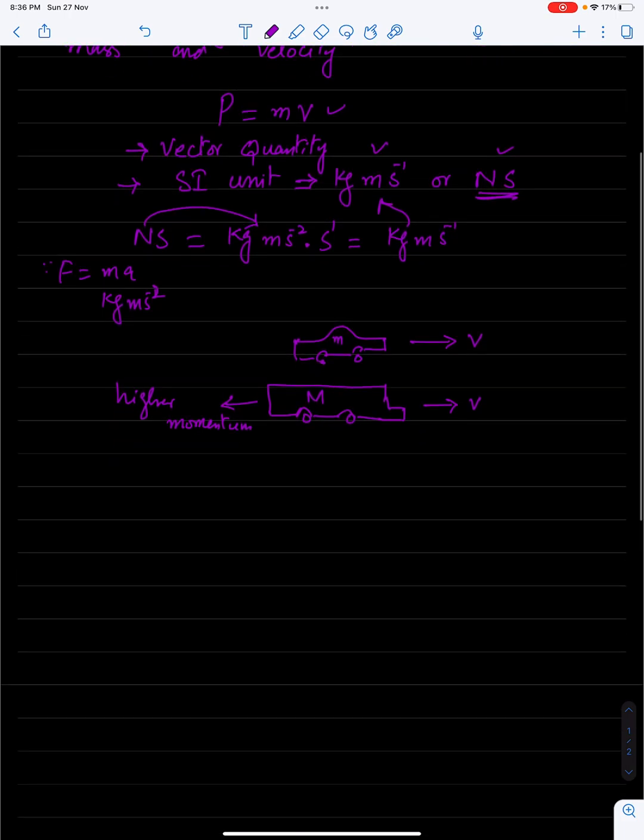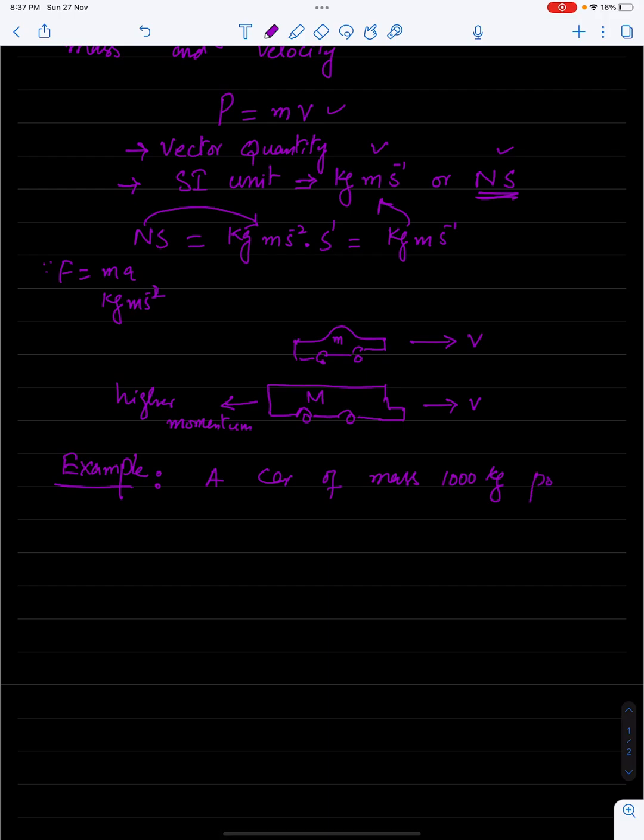If I have to do an example, let's say a car of mass 1000 kg possesses a momentum of, let's say, 12,000 Newton second.